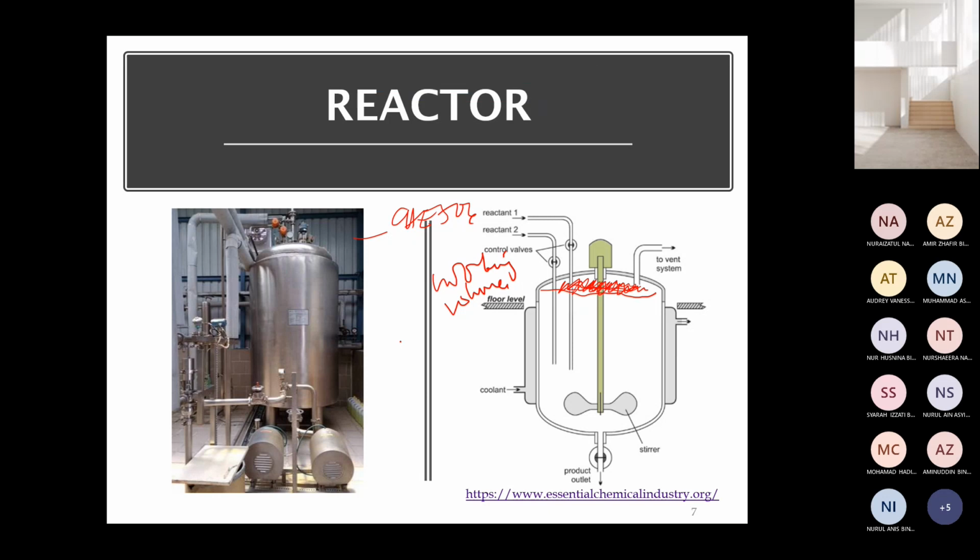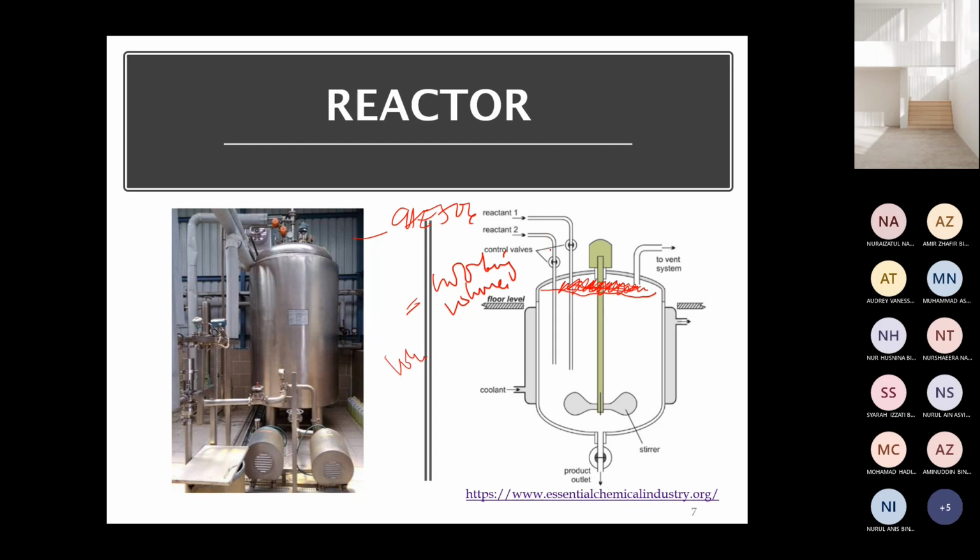In our syllabus, Reaction 1, we assume that the volume of the reactor is equal to the working volume. So when we talk about the volume of the reactor, it means the working volume inside the reactor.